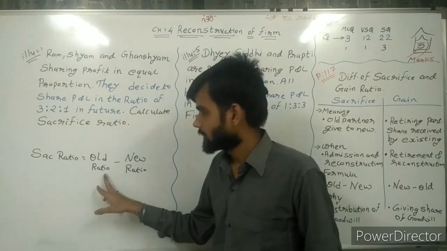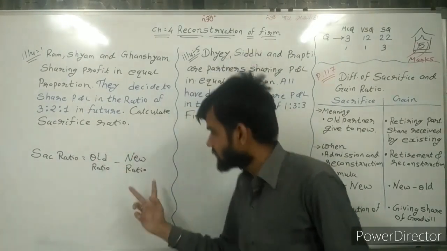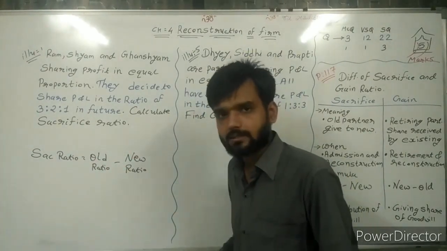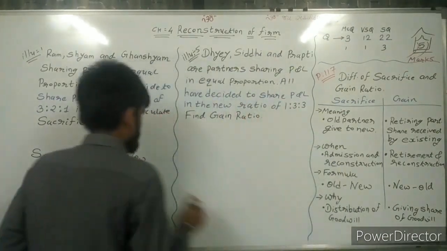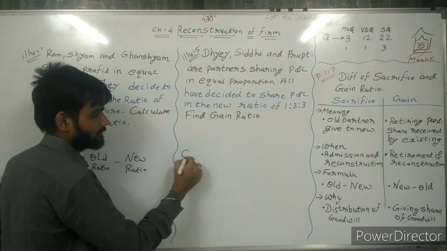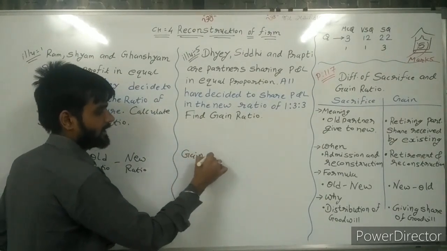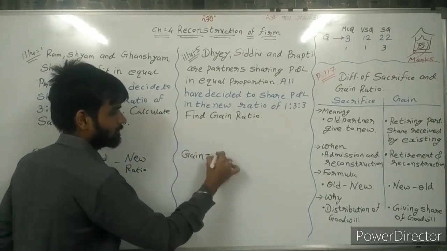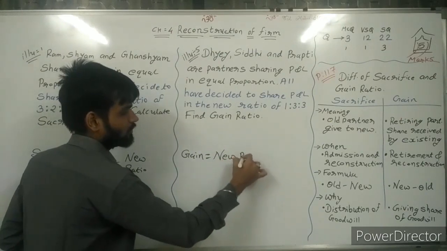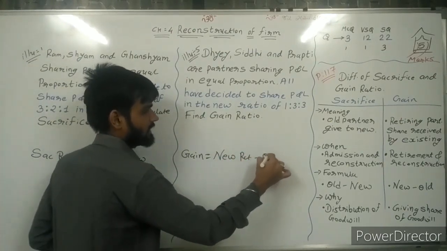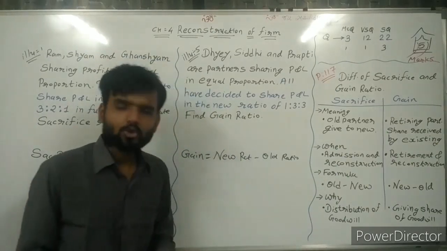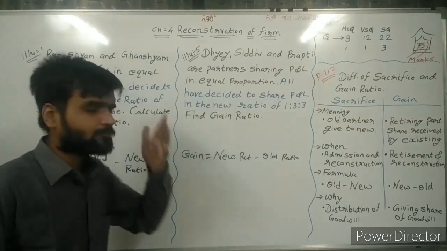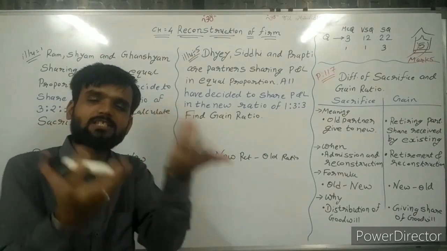It is the reverse: here old minus new is sacrifice, and if you reverse these values, new minus old becomes gain. So I can write gain is equal to new ratio minus old ratio. This is the formula of gain ratio. It's a simple one.